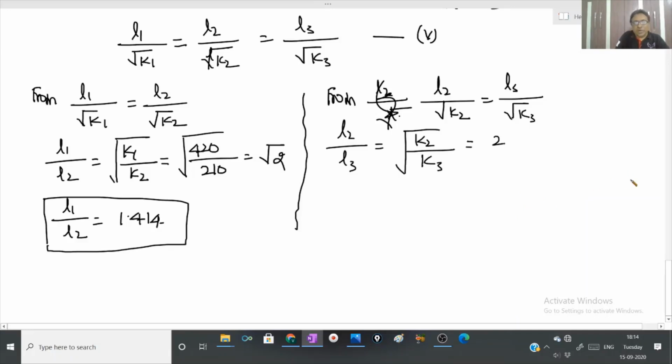K2 is 210, K3 is 70. So it will become square root of 3. So L2 over L3 is equal to 1.732.